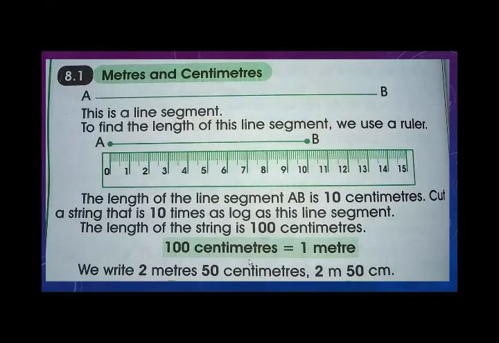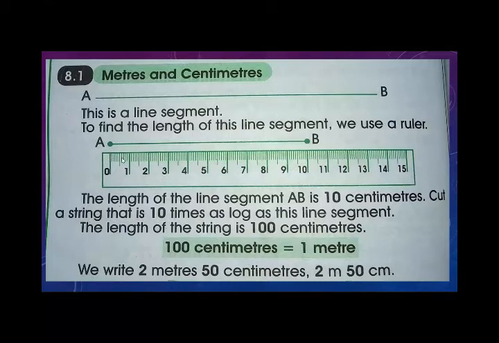Now come to meters and centimeters. Here you see line segment AB. Here you give two endpoints to this. This is the first endpoint, and this is the other endpoint. Now what to do here? You just need a scale. Put the scale at the starting point, always from 0. Now we need to measure the length of this line AB. The line segment ends at 10.